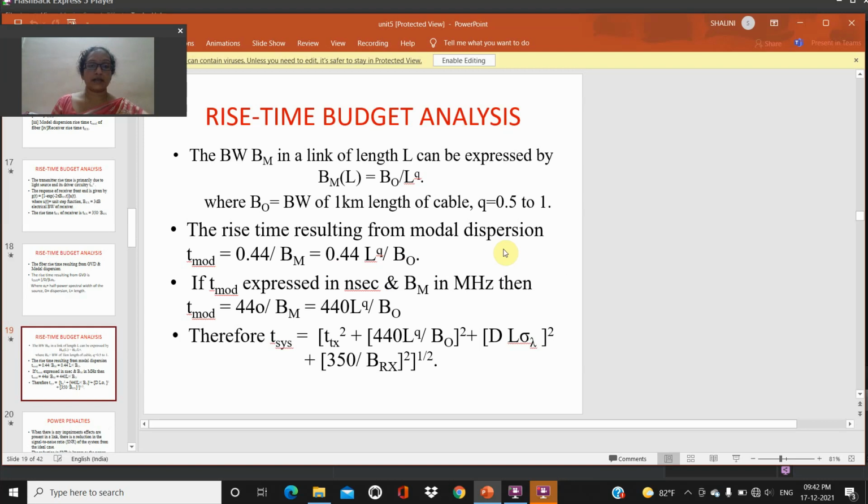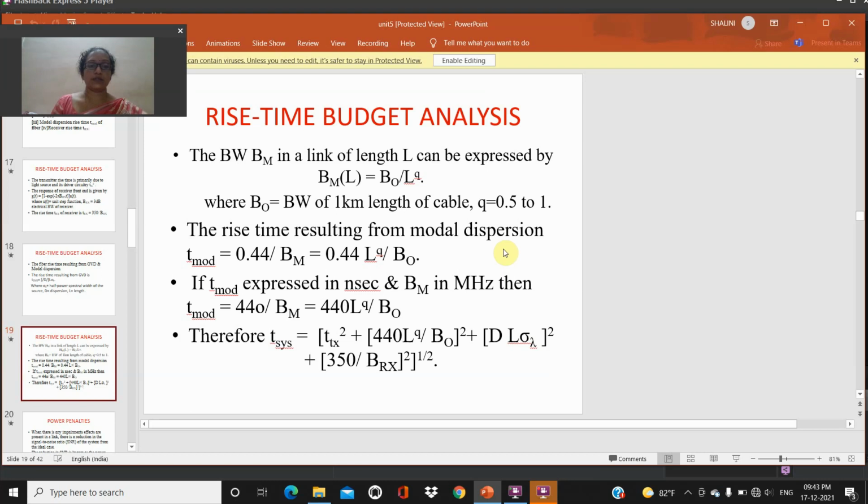Here the bandwidth Bm in a link of length L can be expressed by Bm of L is equal to B naught by L to the power q, where B naught is the bandwidth of 1 kilometer length of cable, and q is equal to 0.5 to 1. The rise time resulting from modal dispersion T mode is equal to 0.44 by Bm, which is equal to 0.44 L^q by B naught.